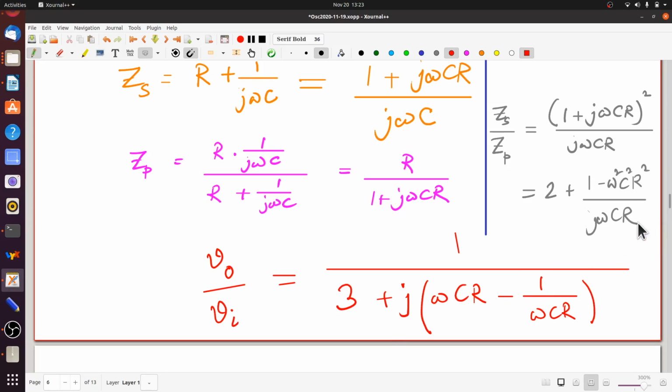Just to point out, when omega is exactly equal to 1 by CR, this bracket vanishes and VO by VI then becomes purely real. No phase shift between the output and the input. That's the zero phase shift between the lead and the lag. And at that particular frequency, the VO by VI ratio is real and is exactly equal to 1/3.